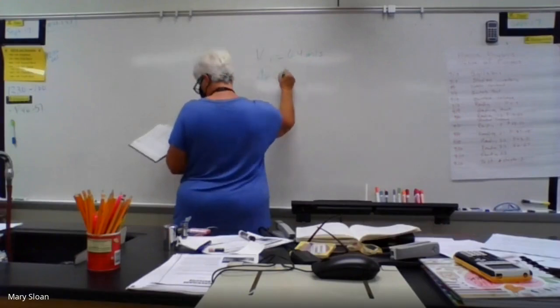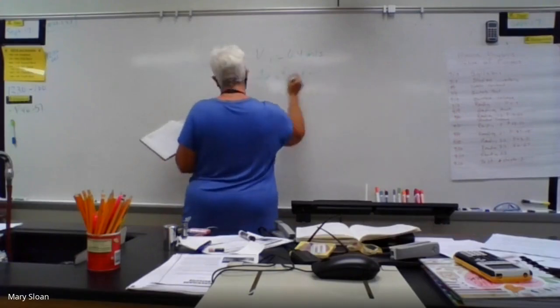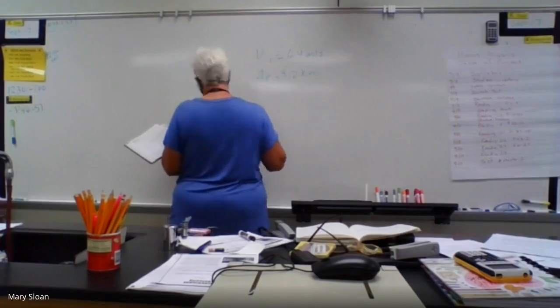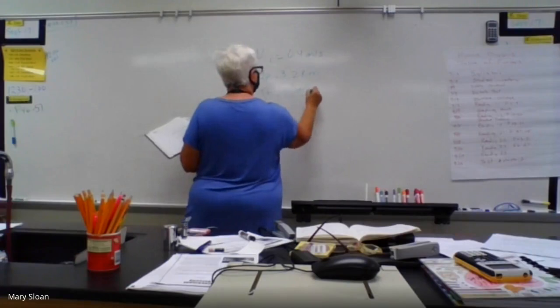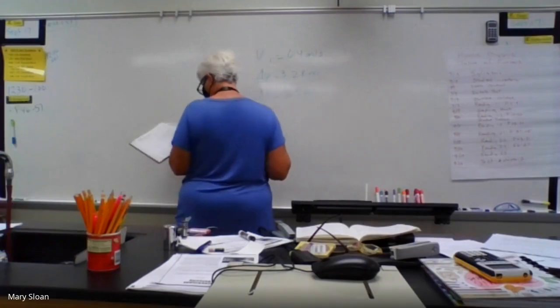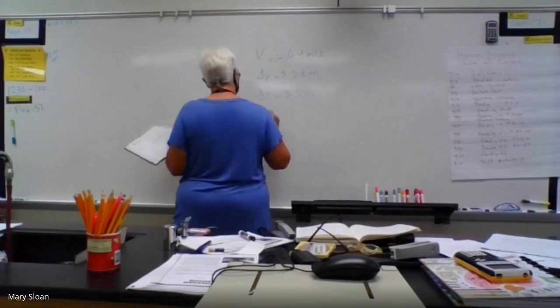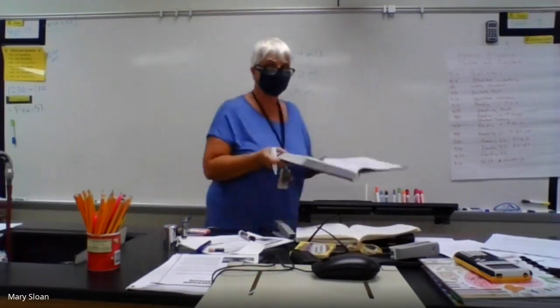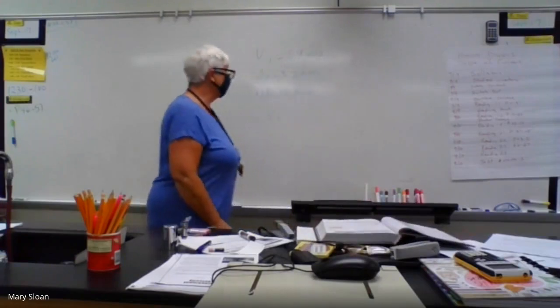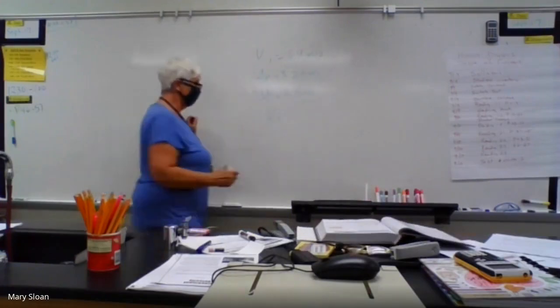And the change in time is 3.5 minutes. And so are we trying to find velocity final? Is that what it's asking for? How fast is the car moving after this time? Velocity final. Yes. So what formula are we going to use to get velocity final?